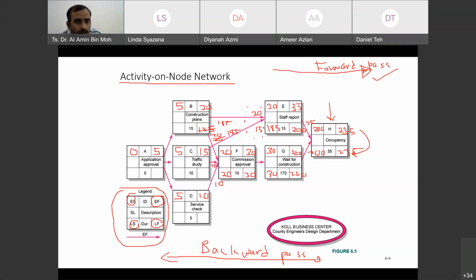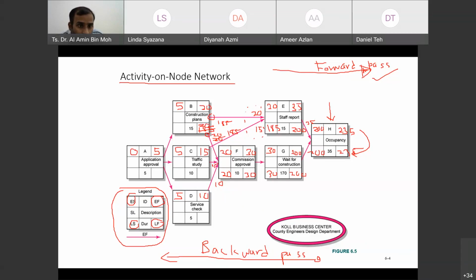In this case, we are going to choose 20. If you just put 185 like what I did just now, you're going to get it wrong and mess up your calculation later on. So it's very important to be careful and focus on the arrows. We have two arrows, meaning you have two values to be compared. 185 or 20: in the backward pass, you choose the lowest, so you're going to choose 20.